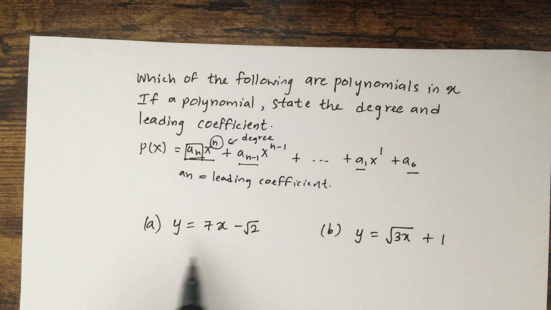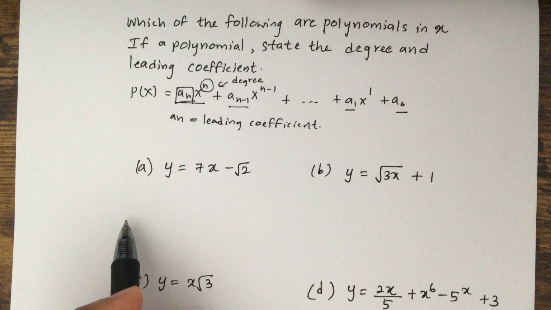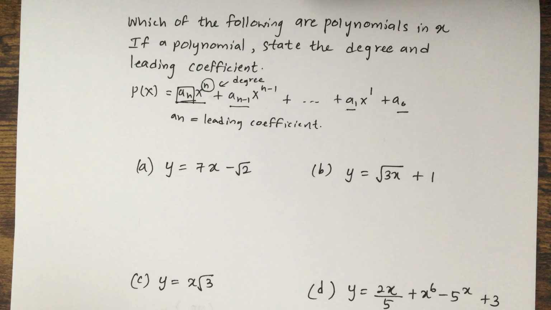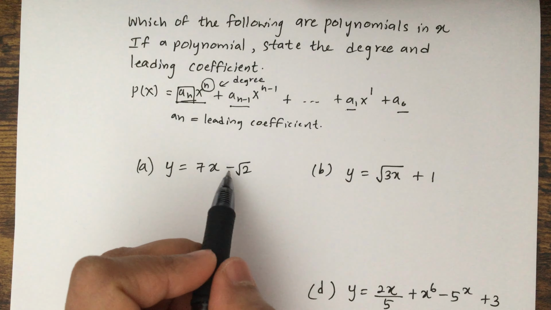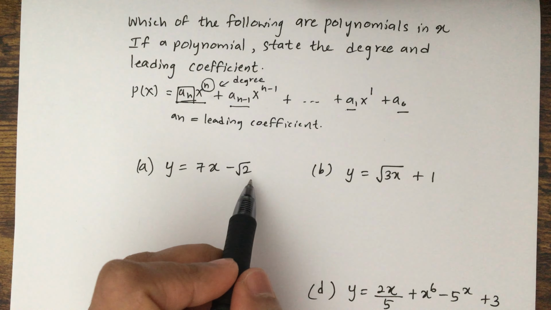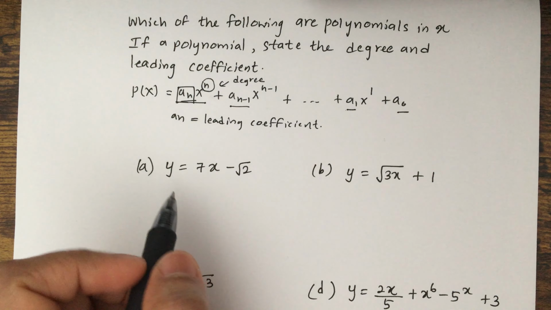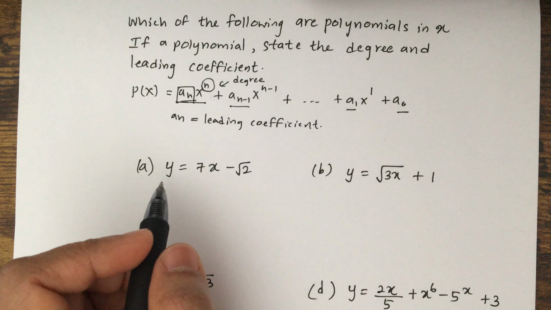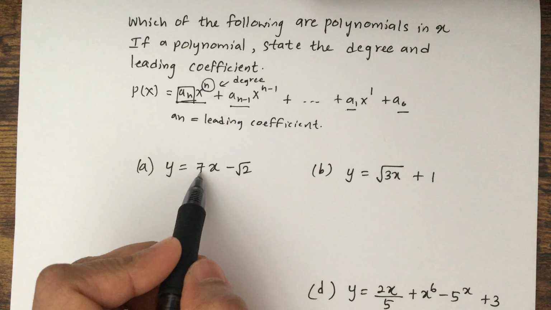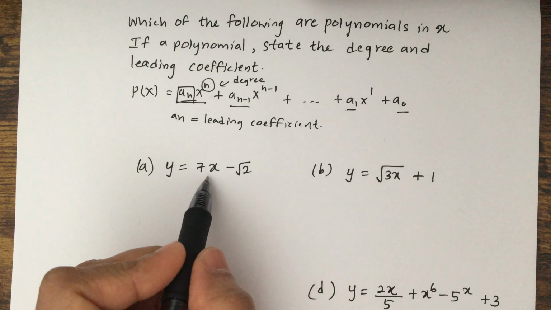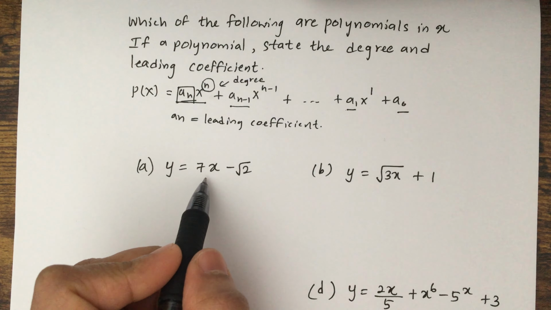So now we have some examples. Let's see how to identify a polynomial, right? So the first example is y equals 7x minus square root of 2. Is this a polynomial? How do you look at it? So let's see. Okay, 7 times x is a linear term of the polynomial.